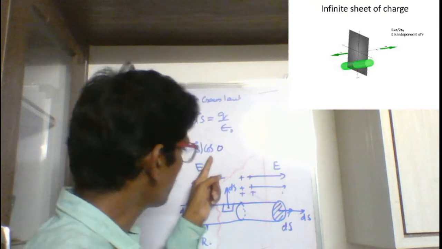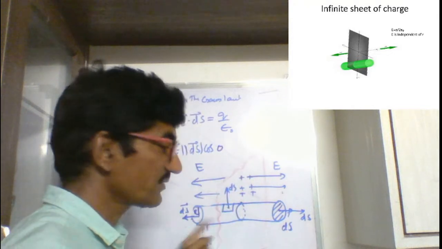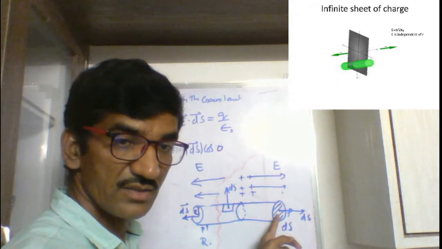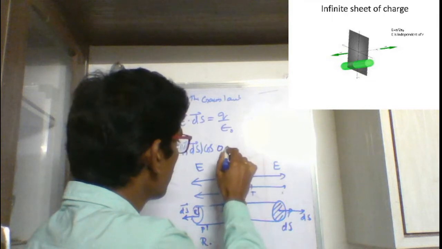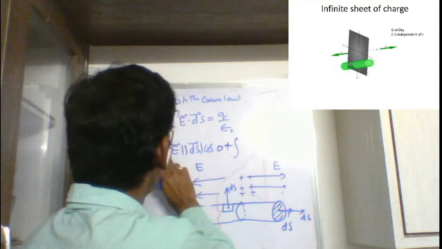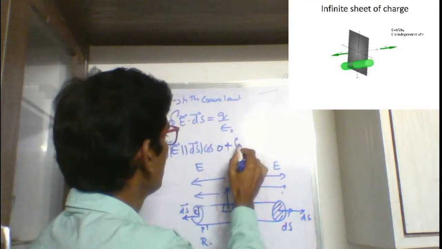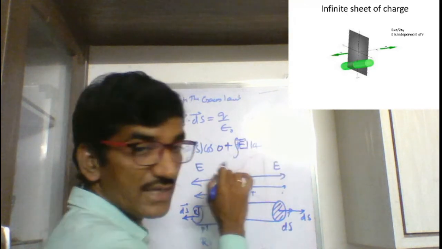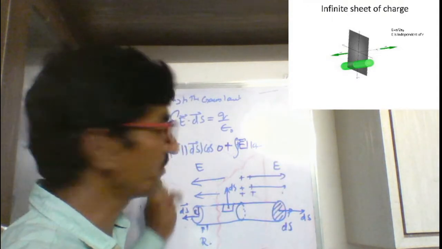This is for this ds. For another surface, suppose that this is top. The same situation prevails at the bottom also. So plus one more integral; here you need not put the circle now because we are splitting that integral. Integral E ds, here also cos 0, since on this side also E is parallel to ds.